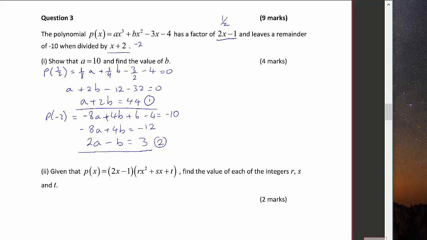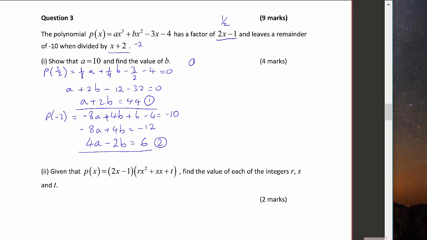Let's call that equation 2. Now, maybe what I should have done instead to get 2 b's is divide through instead by negative 2. So that would give me 4a minus 2b is 6. That's better. That's going to work better for us.